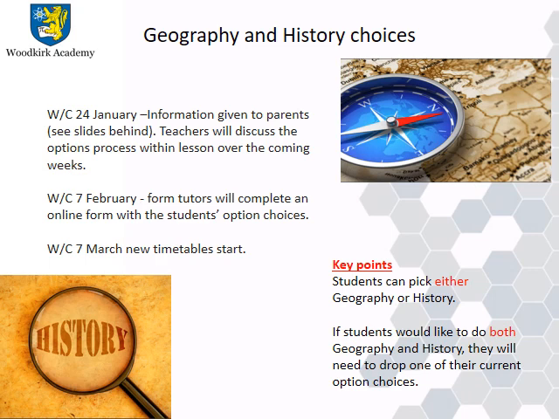If I am doing GCSE or BTEC PE, but I would like to do history and geography, I could therefore drop my BTEC PE and take history or geography. I wouldn't be able to do it alongside the options I have already chosen and would therefore need to remove one of the previous choices.